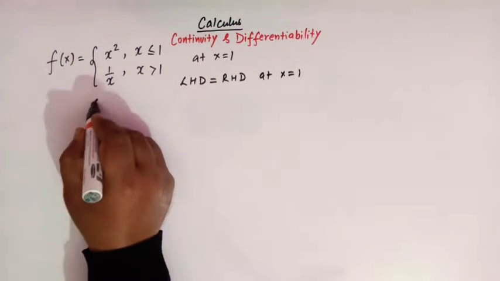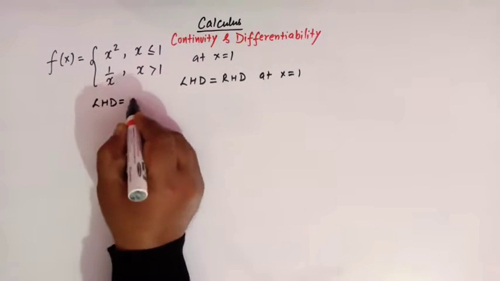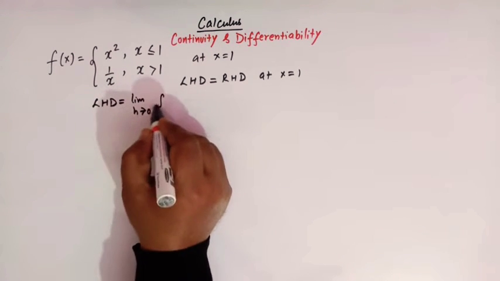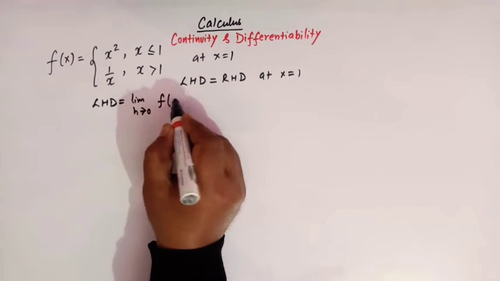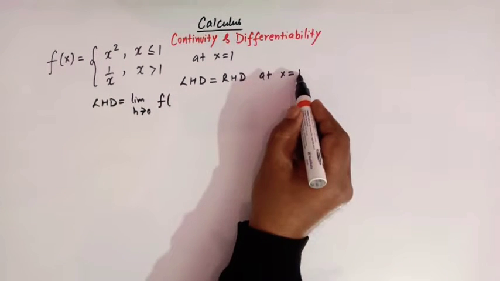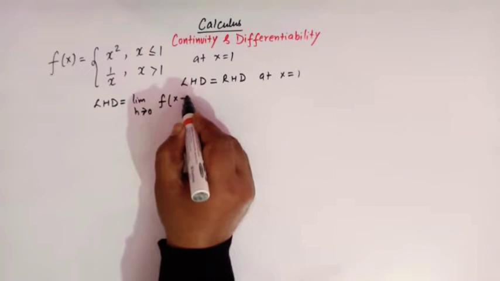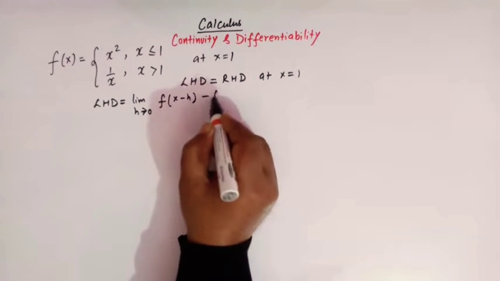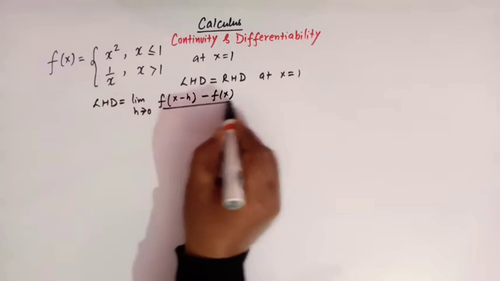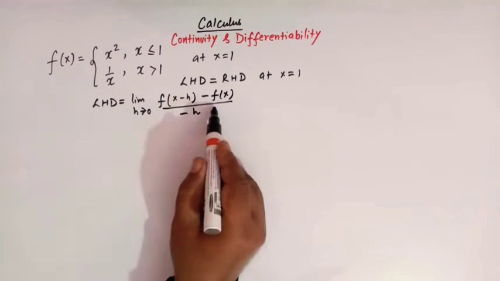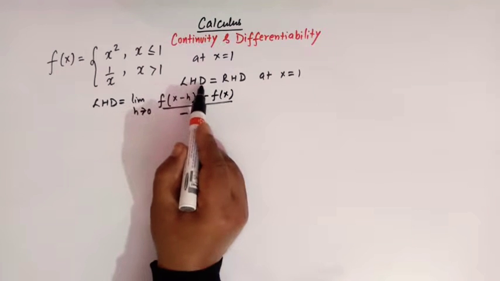So now the left hand derivative is defined as limit h tends to 0 f of x minus h minus f of x divided by minus h. So this is the definition of left hand derivative.